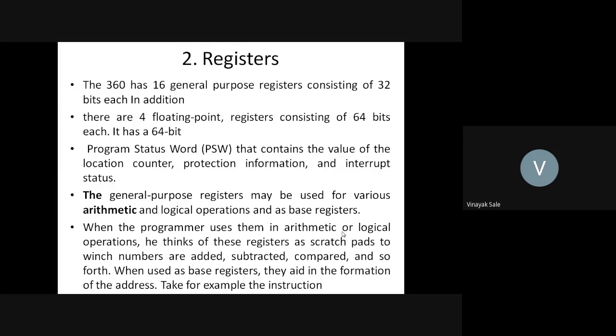The IBM 360 machine has 16 general purpose registers which consist of 32 bits each, in addition to extra 32 bits for each general purpose register.